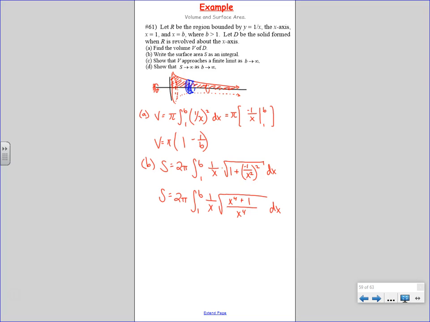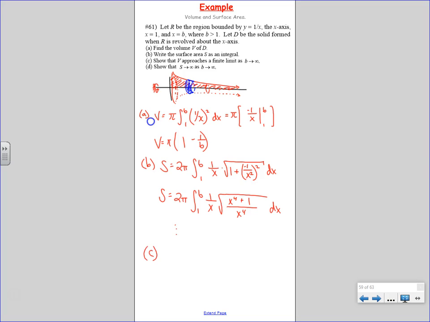Square root of x to the 4th would be x squared, right? Let's leave it for now.